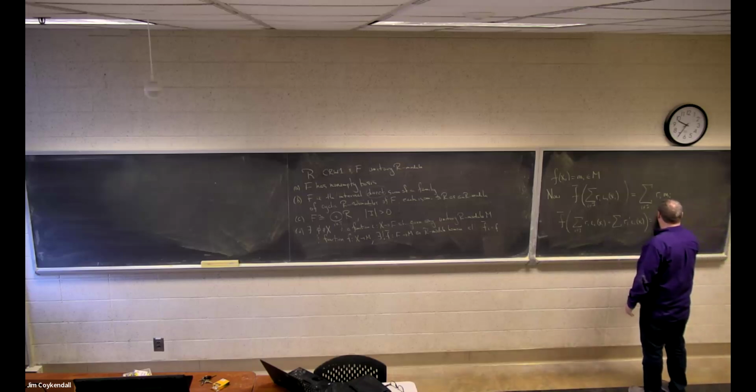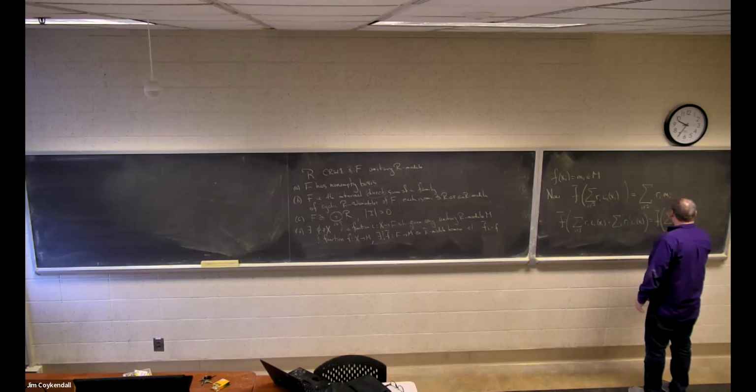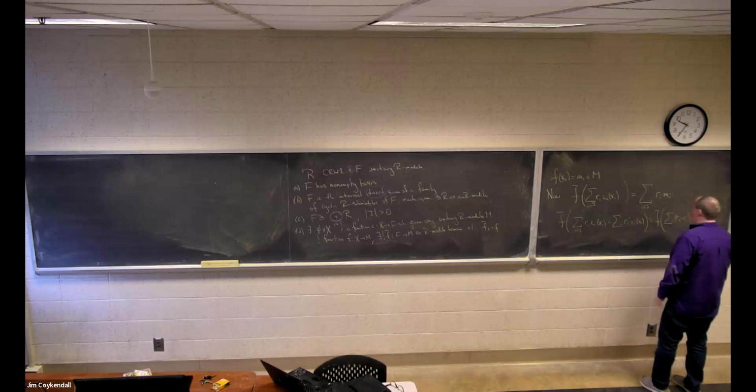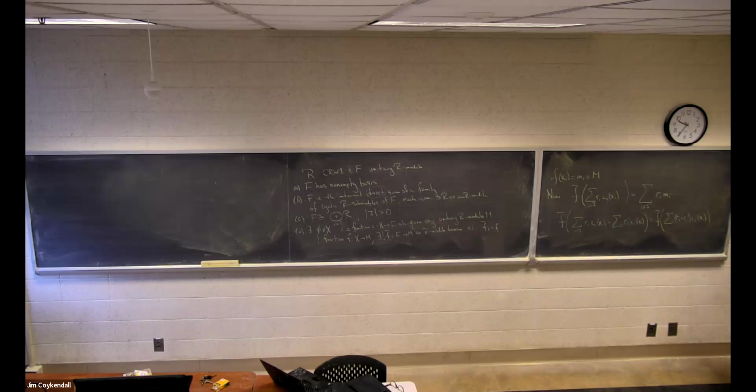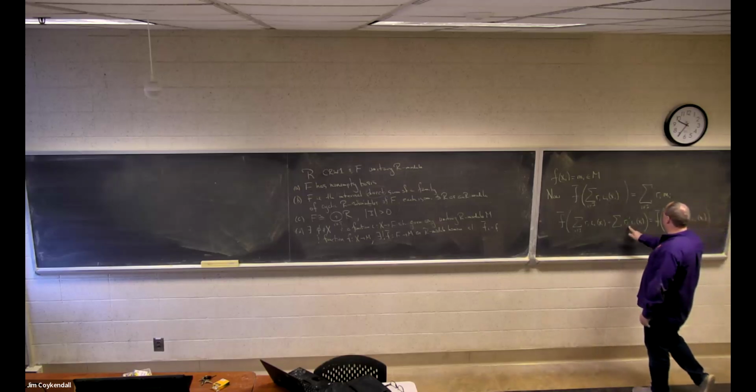This is just F bar of the sum of Ri plus Ri prime over xi. Right? Because the only thing different here is what the coefficients are.